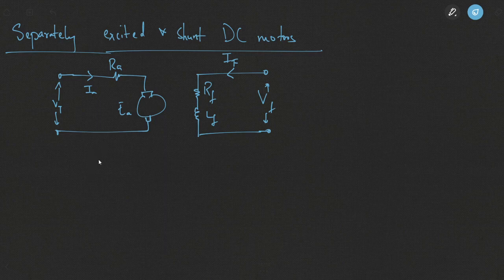In case of a shunt DC motor, I said the field windings will be in parallel with the armature winding. So if this is our field winding, this will be our armature winding. So armature winding and field winding are in parallel.